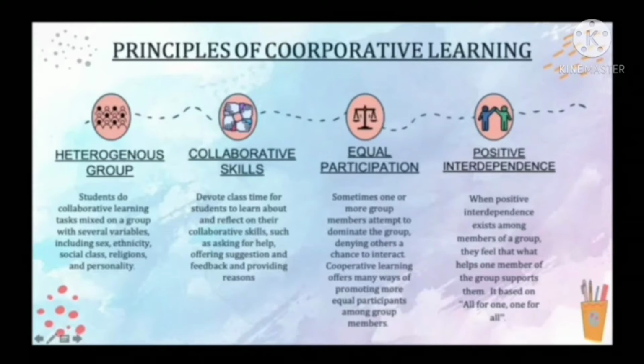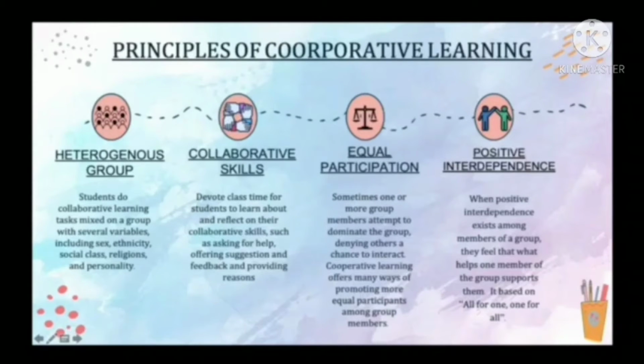So, with cooperative learning, all of the students will have the opportunity to participate, since this learning offers many ways of promoting more equal participation among group members. It lets all members voice their opinions and join the discussion without a particular student who leads everything.